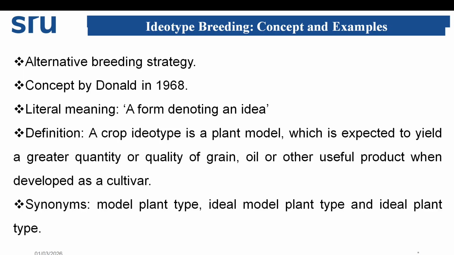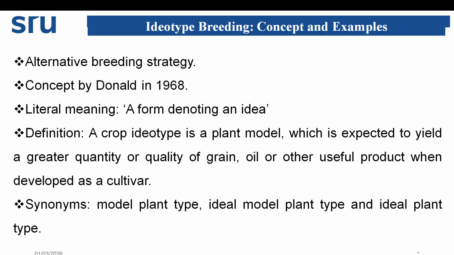As I told you in the last slide, this concept of ideotype was given by Donald in 1968 working with the wheat crop. The literal meaning of ideotype is a form denoting an idea, or you can say an ideal plant model.